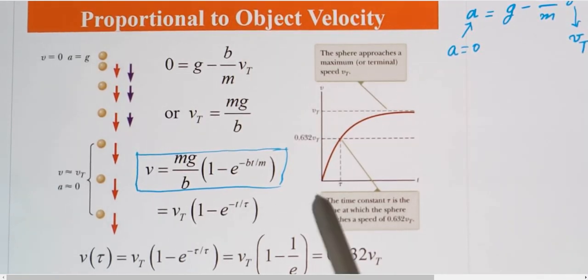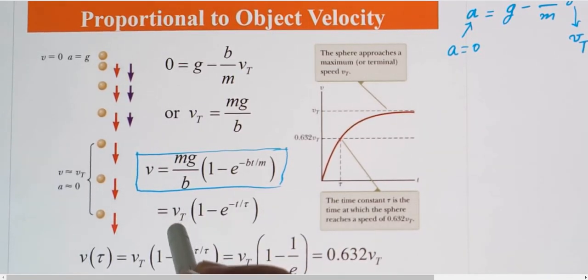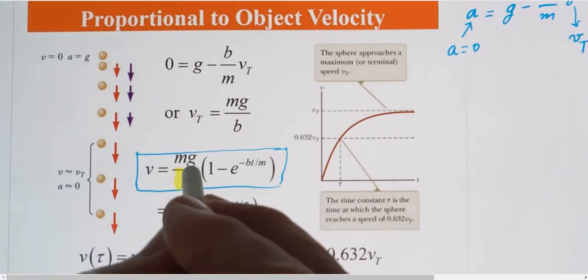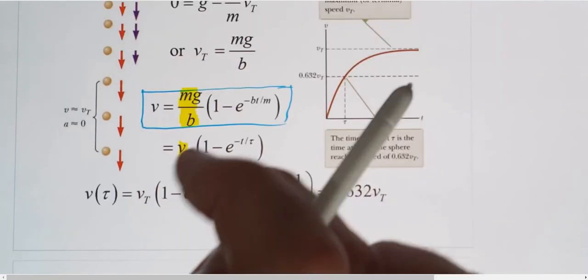Well, what is mg over b? It's the terminal velocity. So this is nothing but the terminal velocity. We put it in the solution.